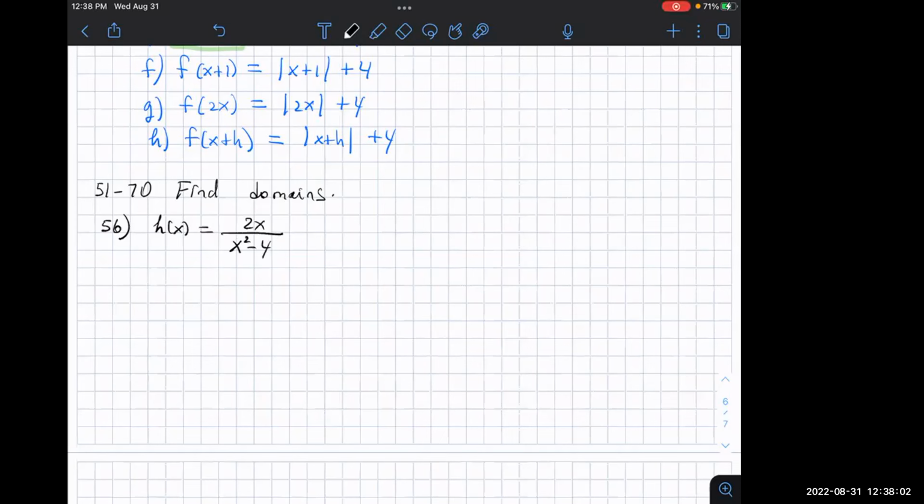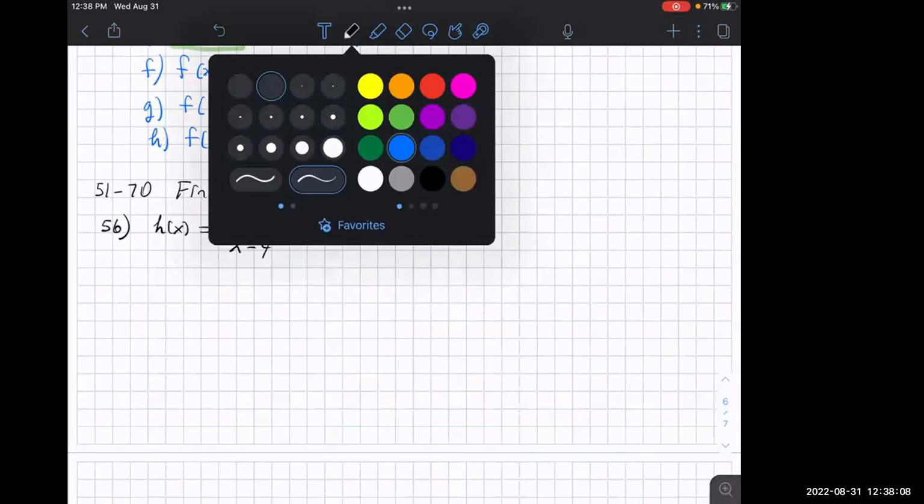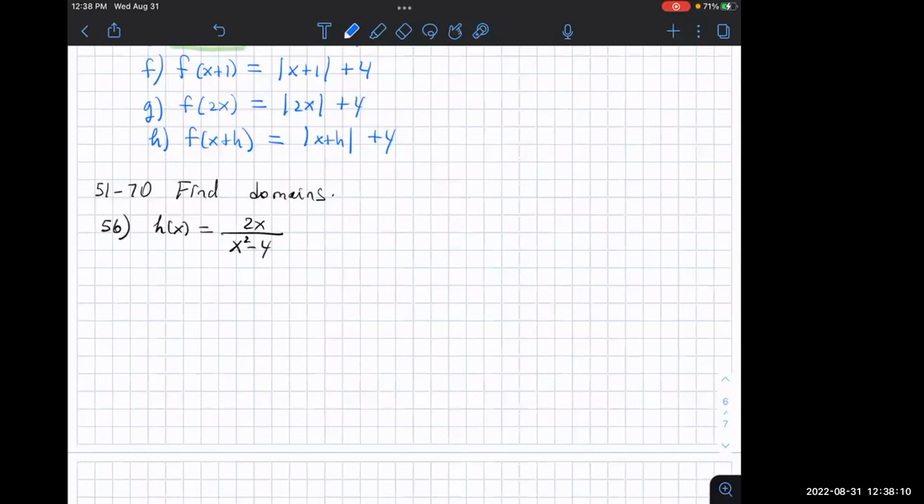Okay, so in order to find the domain, you look at the operations involved. If you pick a value for x, what are the operations involved? Once you plug in for x, you're going to be multiplying, right? So the operations involved here are multiplication.